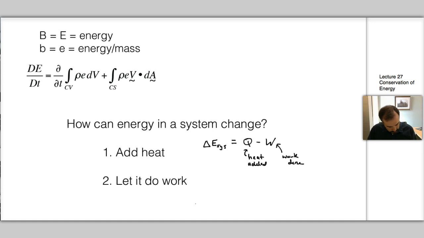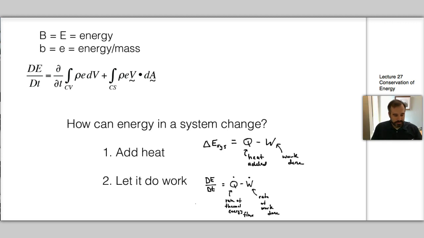So we're going to say capital DE over dt, the left-hand side of our equation there, is equal to Q dot minus W dot, where now Q dot is going to be the rate of thermal energy flux, and this is the rate of work done, W dot. So that gives us an expression for dE/dt.